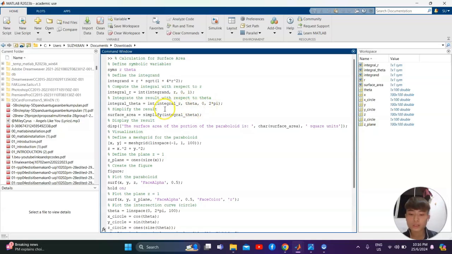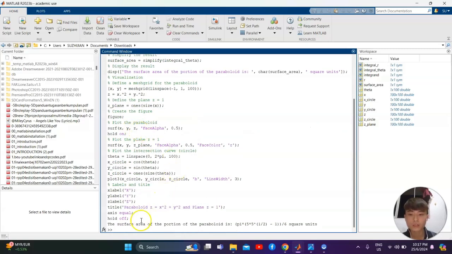We integrate the integrand from r equal to 0 to r equal to 1, and after that we need to integrate the result with respect to theta, which is from 0 to 2 pi, and we just simplify the result and display it also. And for the visualization, it is to visualize the surface and their intersection.